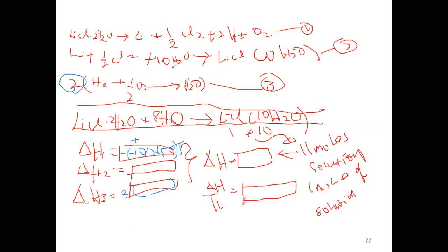Delta H2 is 241, I don't think so. So if you refer to it, delta H2 is negative 441.5579 joule. Okay, delta H2.